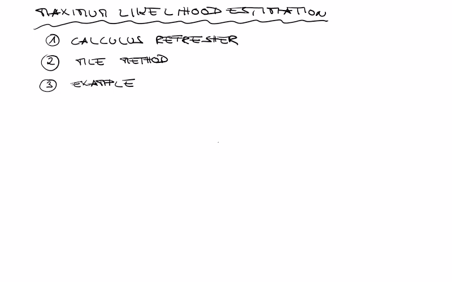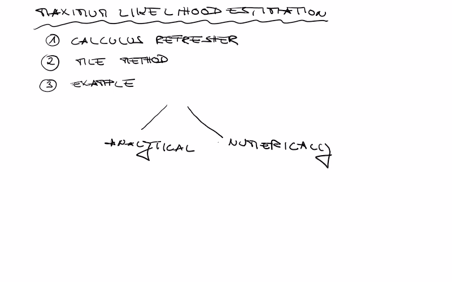And this, maybe I can tell you already now, can be done in two ways. It can be done analytically or numerically. Maximum likelihood estimation can be done analytically and numerically.